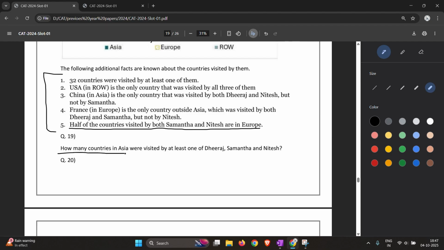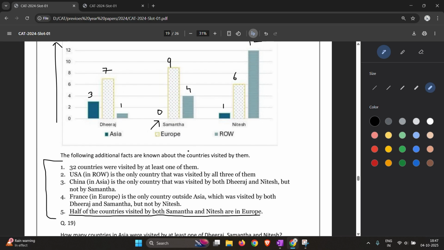How many countries in Asia were visited by at least one of Dheeraj, Samantha, and Nitish? So we know that Samantha does not go to Asia at all, and China was the only country that was visited by both Nitish and Dheeraj. So China is the only mutual country between these two. So we know that Nitish visited only China and Dheeraj also visited only China.